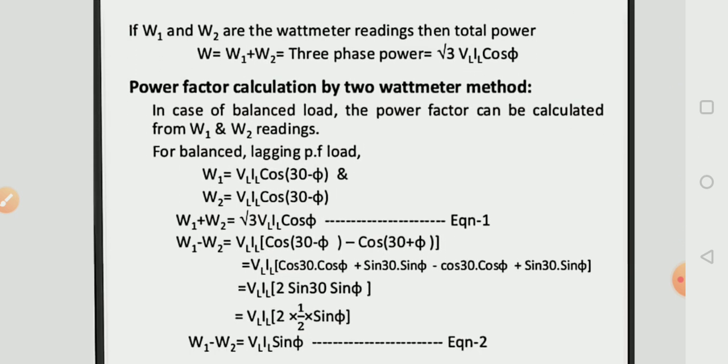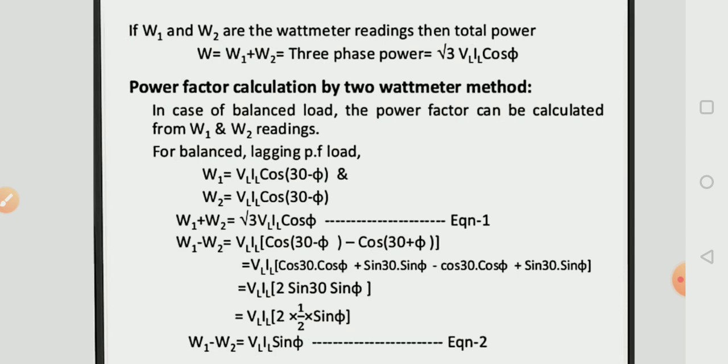We take W1 as the power of the first wattmeter and W2 as the power of the second wattmeter. The algebraic sum, W equal to W1 plus W2, gives the three-phase power, whose formula is root 3 VLIL cos phi.